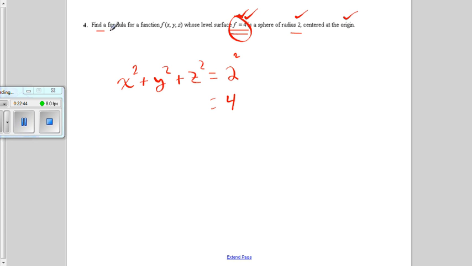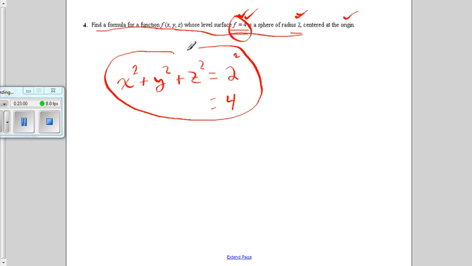So find a formula for f of x, y, z whose level surface when f equals 4 is a sphere of radius 2, centered at the origin. This is the equation for our level surface. But if we're trying to find an equation for f of x, y, z, the general equation would be just x squared plus y squared plus z squared.